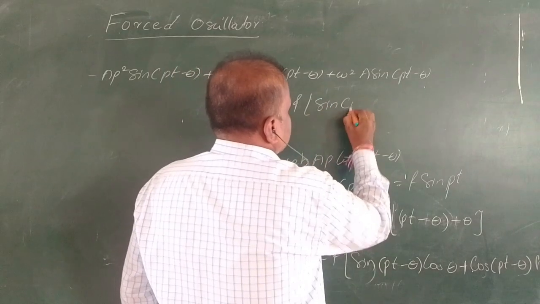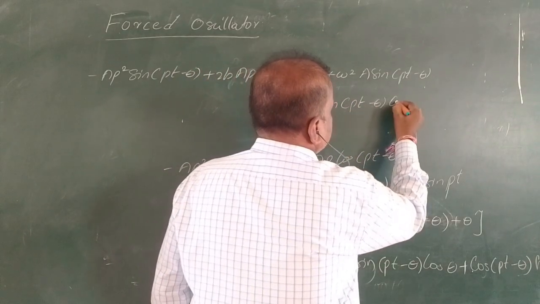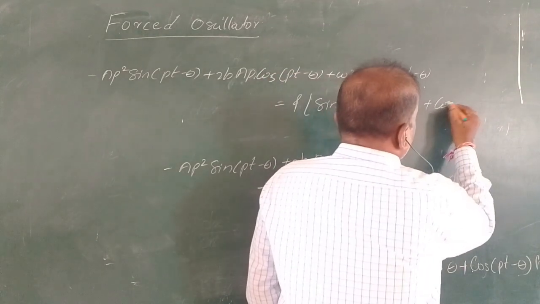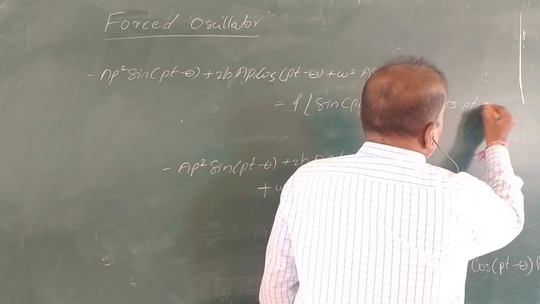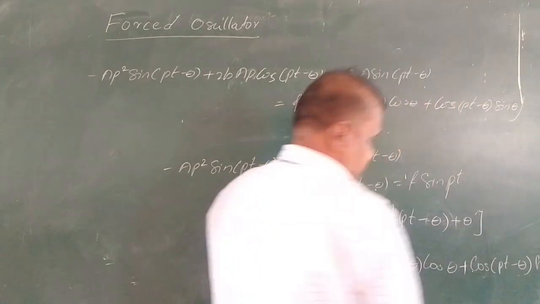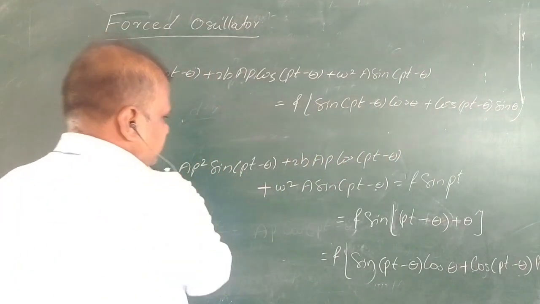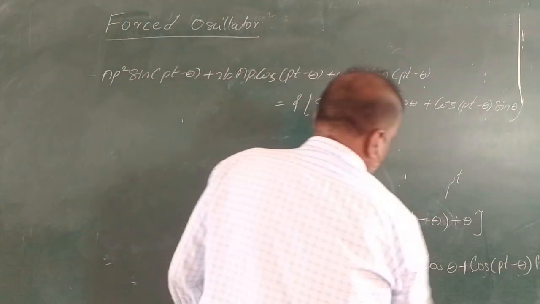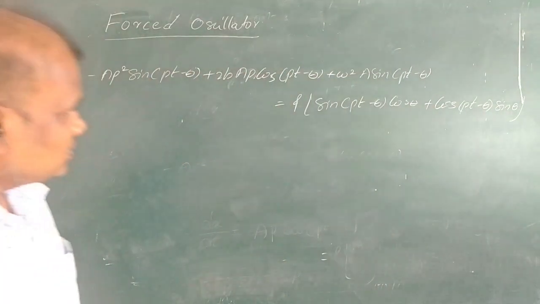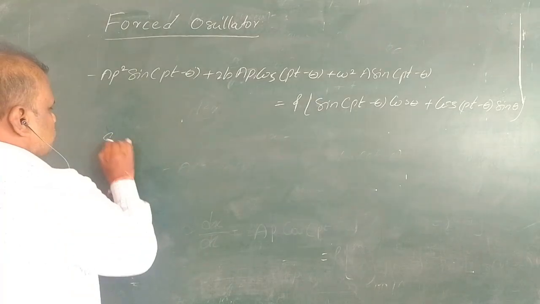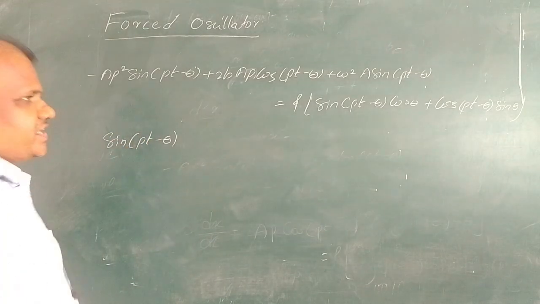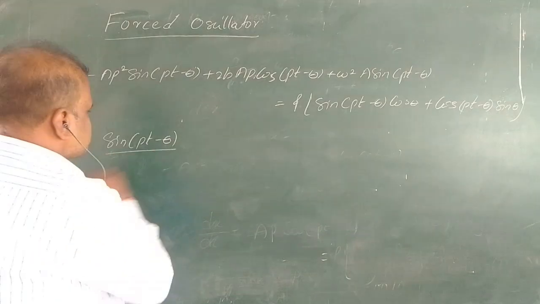Which is equal to small f into [sin(pt minus theta) cos theta plus cos(pt minus theta) sin theta]. Here I am going to compare the terms related to sin(pt minus theta) on both sides.